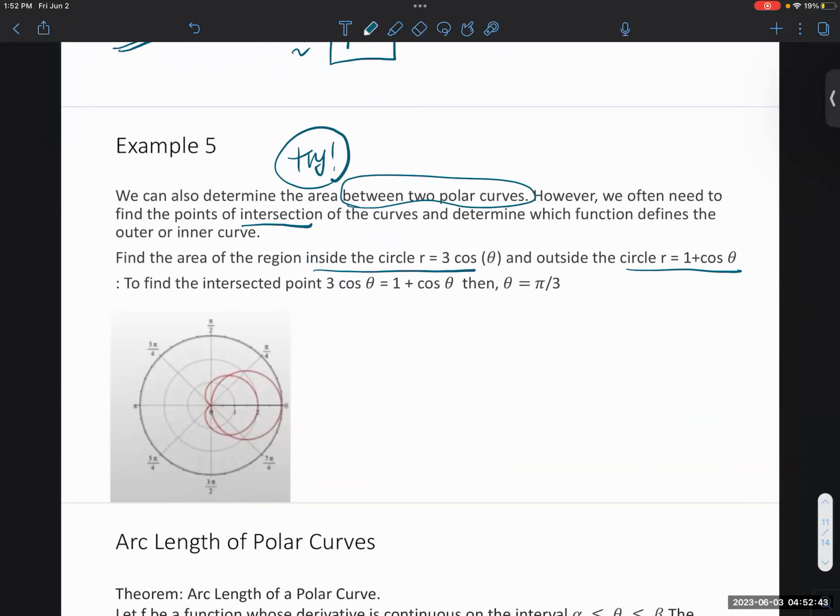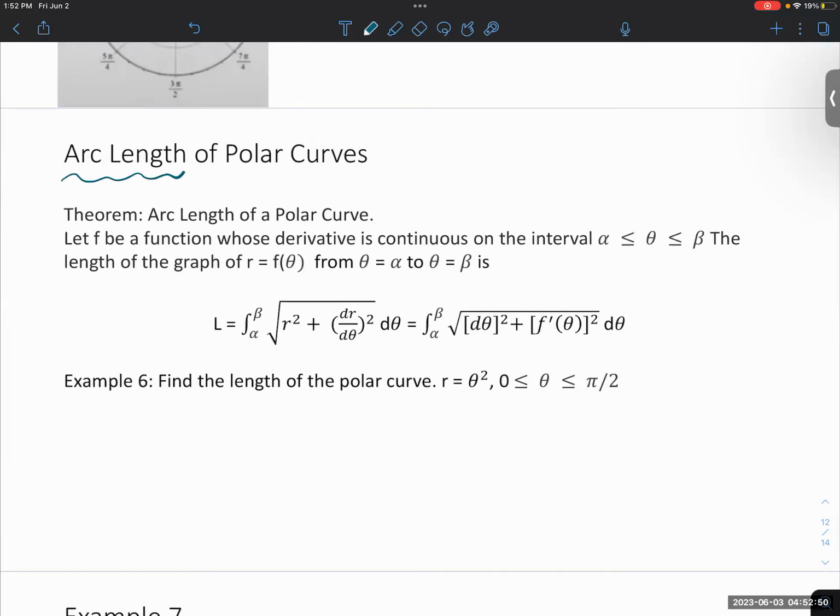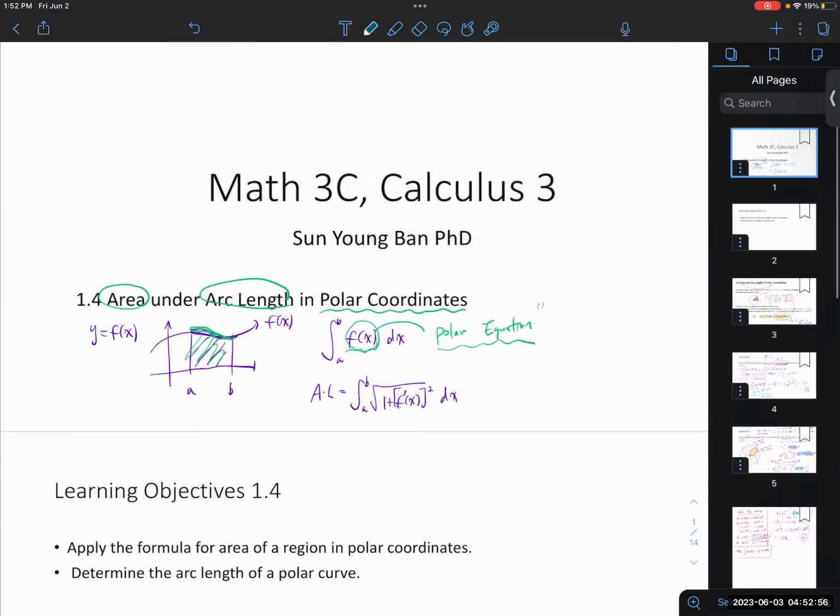All right, last concept, 1.4. I'm going to move on. If you remember at the beginning, in calculus 2, you also learned how to find the arc length.